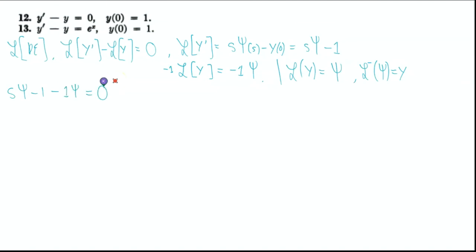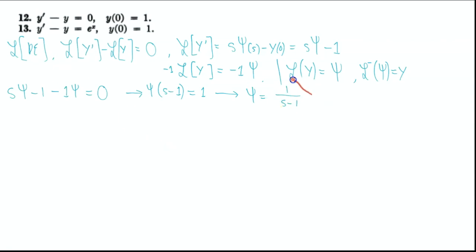Maybe we can write this as, we'll put the 1 on the other side, so equals 1. And then let's factor out the big Y. So it'll be big Y times (s minus 1). And then we could do one more step, because we want this big Y by itself. Y equals 1 over s minus 1.